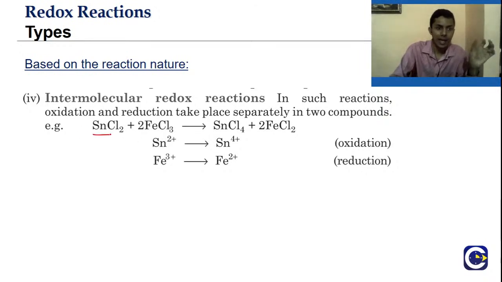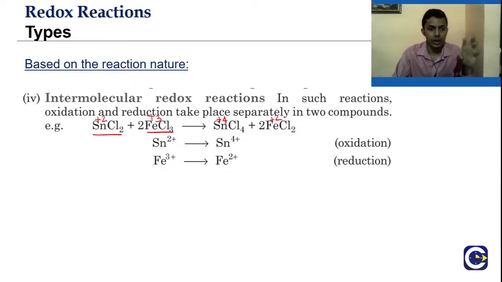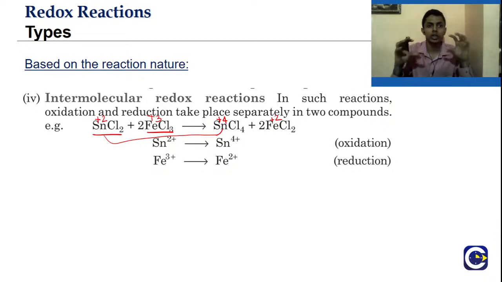For example, if you take SnCl2 and FeCl3, here you can see that stannous +2 will become stannic +4, and ferric +3 is becoming +2. So ferric chloride becomes ferrous chloride, and the atoms' oxidation numbers just change. That is an intermolecular redox reaction.